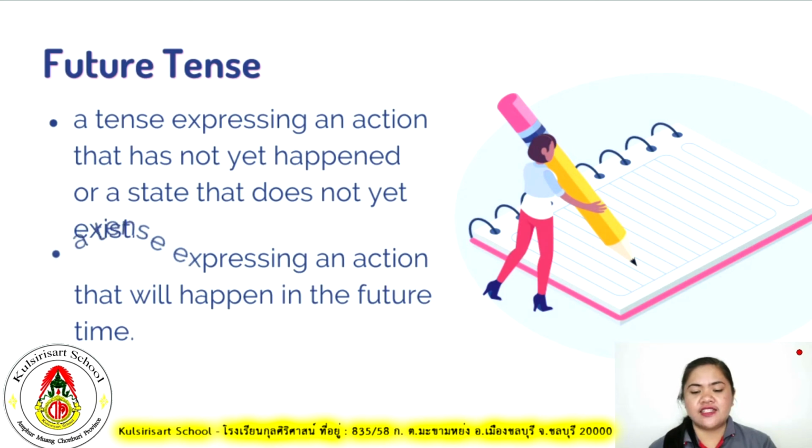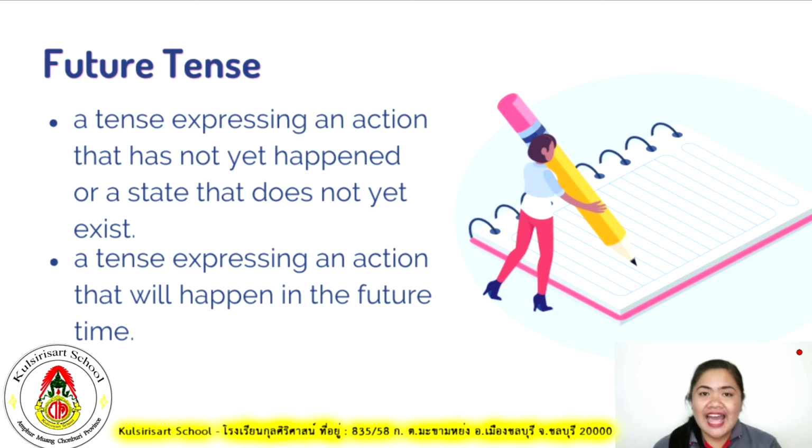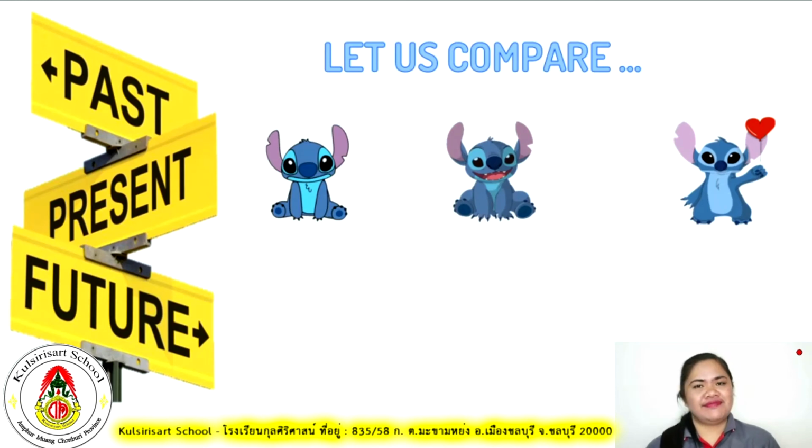And the second meaning is that it is a tense expressing an action that will happen in the future time. As I said, not finished, not yet happened, and it will happen in the future time.